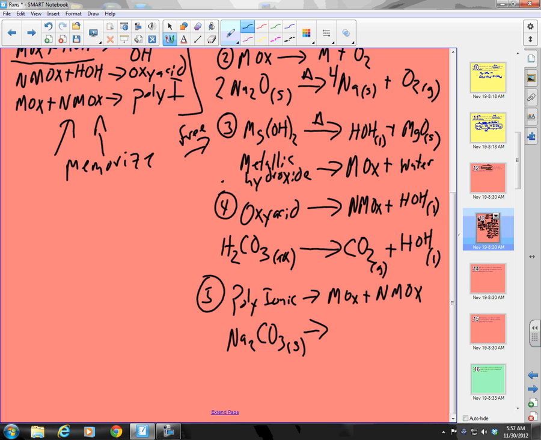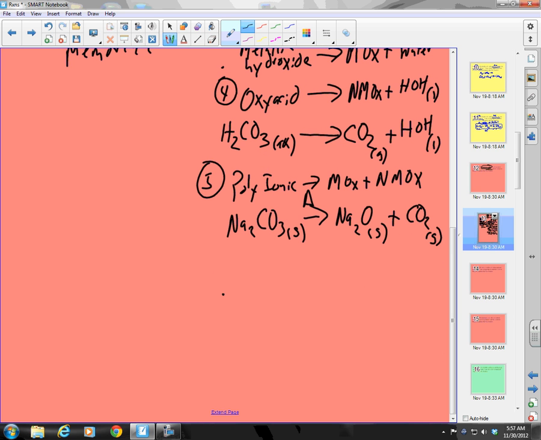It's going to decompose, usually in the presence of heat, to form a metal oxide. What's my metal oxide? How about Na2O, solid, plus a non-metal oxide. What's kind of left over? CO2 gas. There we go. Woohoo! And those are my decomp reactions.